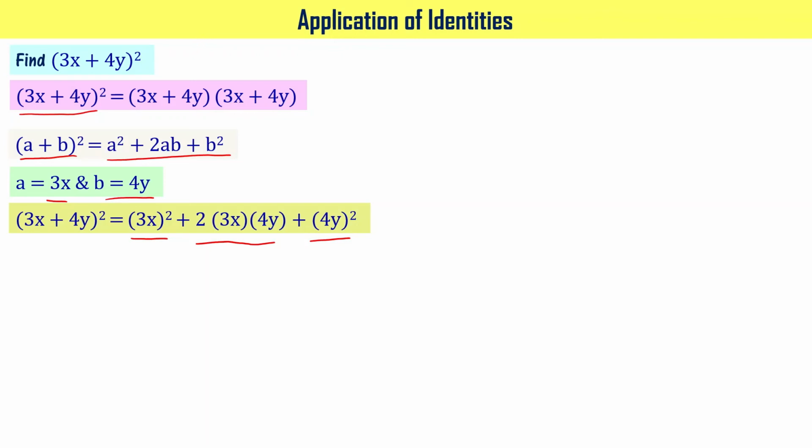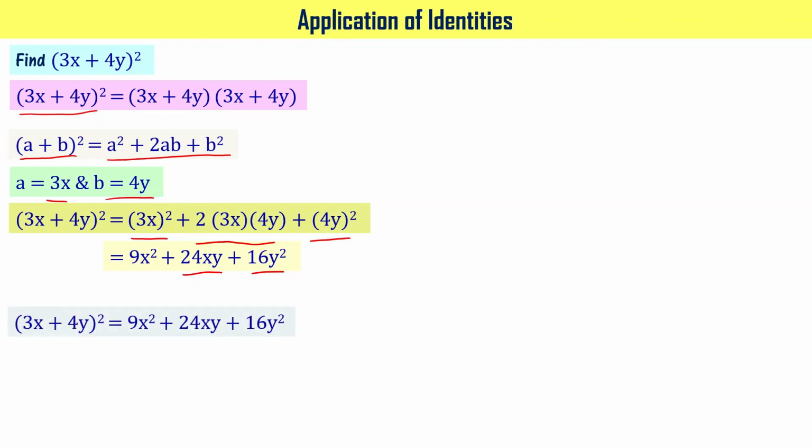We know (3x) whole square can be written as 9x square, and 2 times 3x times 4y can be written as 24xy, and (4y) whole square can be written as 16y square, right? This is the answer we are looking for. This is much simpler than doing a multiplication of two binomials, right? When you make use of identities, you can solve certain problems much easier. Please take a note of this point.